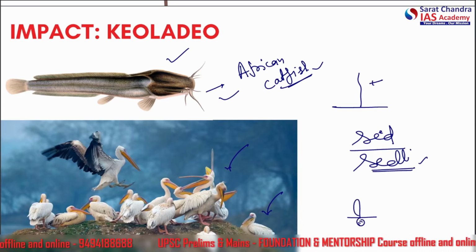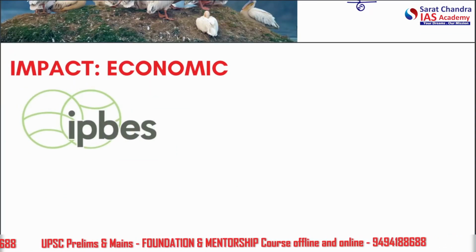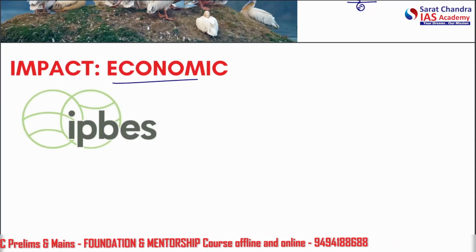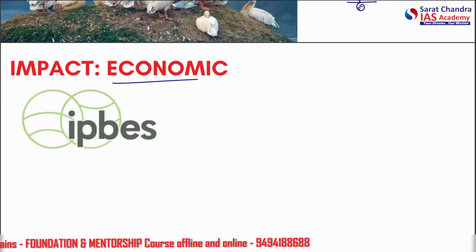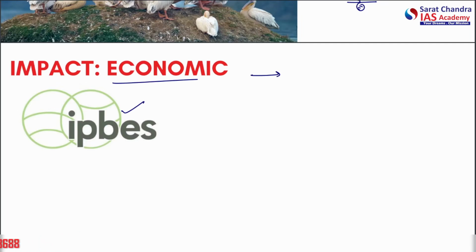Now, lastly, we need to talk about the economic impacts of invasive species. In September 2023, very recently, the UN-founded Intergovernmental Platform on Biodiversity and Ecosystem Services, that is IPBES, brought out an exhaustive report on invasive species.